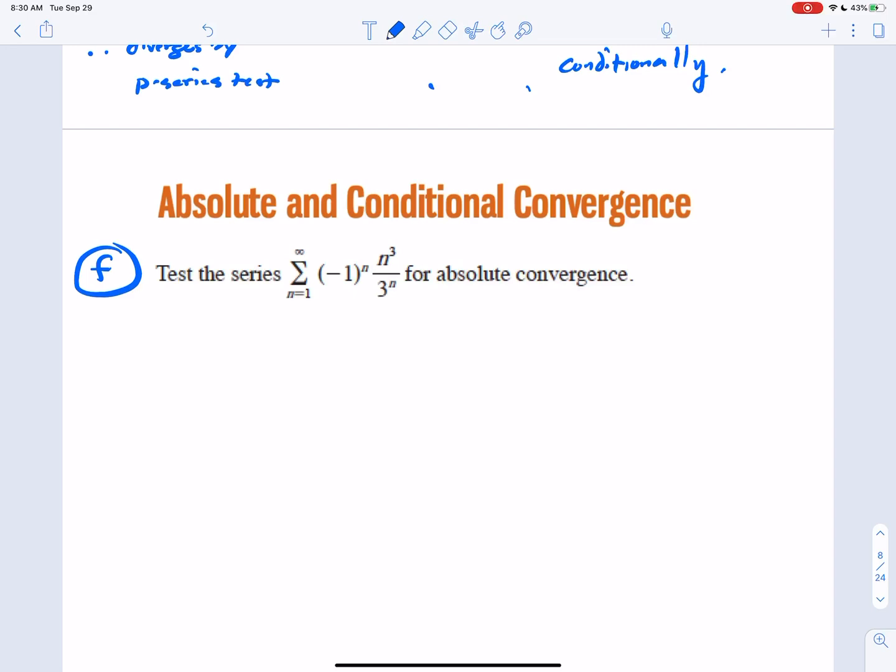Okay? Because they phrased it this way, you're only checking to see if it's absolutely convergent. So it does make your problem a little bit shorter in most cases, okay? Try this one out. And then press play whenever you're ready. Okay, if we want to see if this is absolutely convergent, we take the absolute value of our general term here.